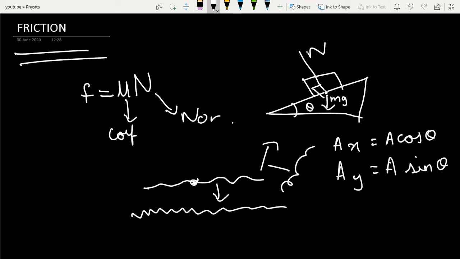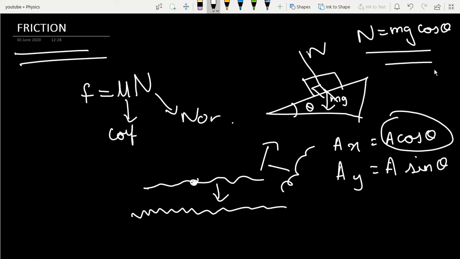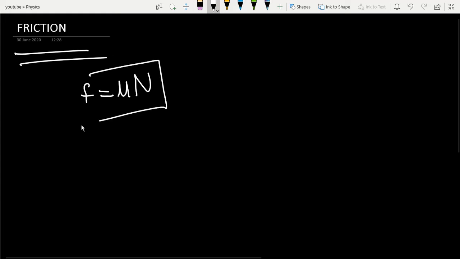Here we're going to take this as y and this as x. So on the x-axis it will become A cos theta. So this becomes N is equal to mg cos theta. Simple. So in this case normal would become mg cos theta.